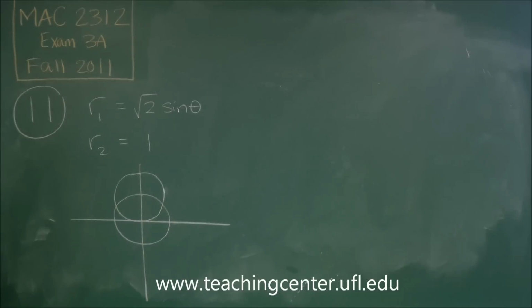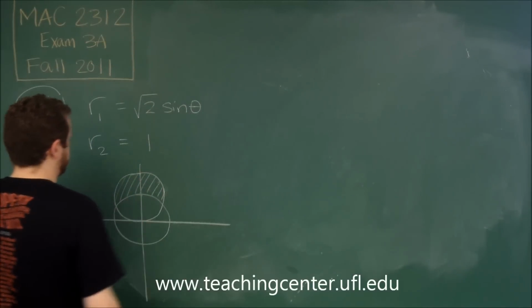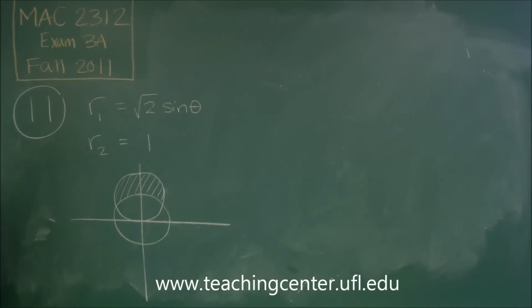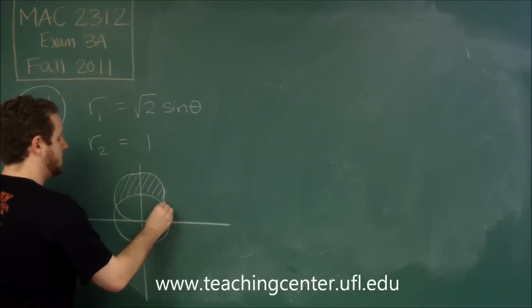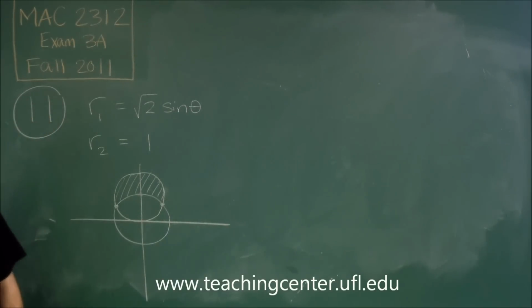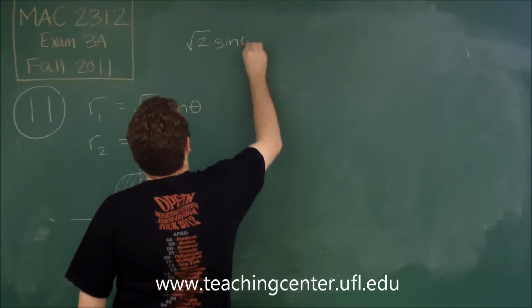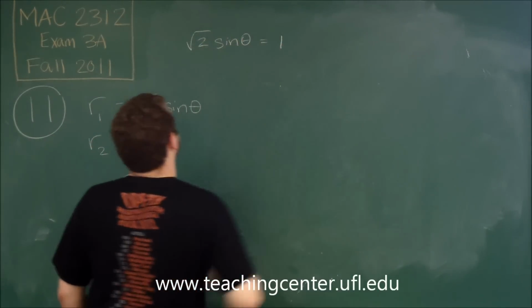So we want the area that's inside this graph but outside this graph, so we're talking about this area right there. So what we need to find are these intersection points. So we need to know, where does root 2 sine theta equal 1?